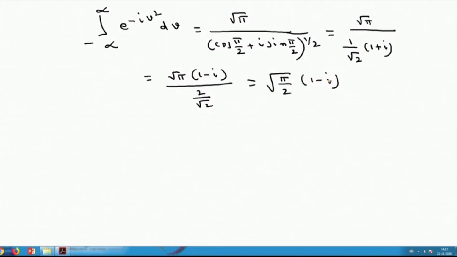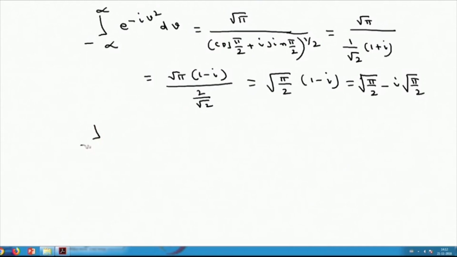So, effectively what you are getting is the value root pi by 2 minus I into root pi by 2. So, therefore, from here, e power minus I v square, which again you can write in the form of cos and sin, that is cos v square plus I sin v square.